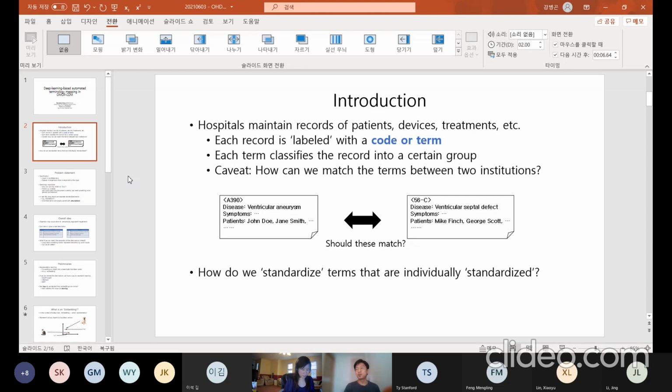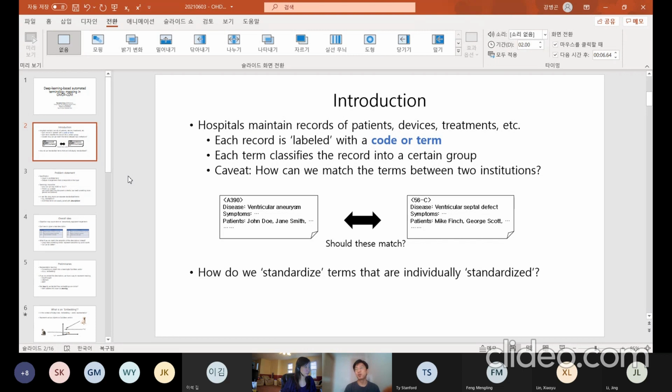One way to do it is to assign something called a code or a term to each document so as to classify them into an appropriate class.